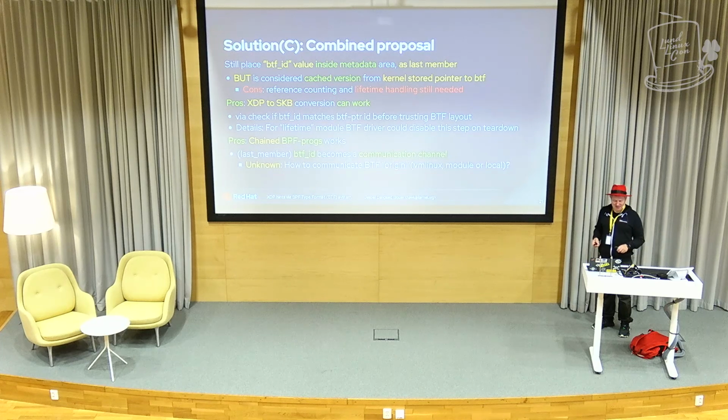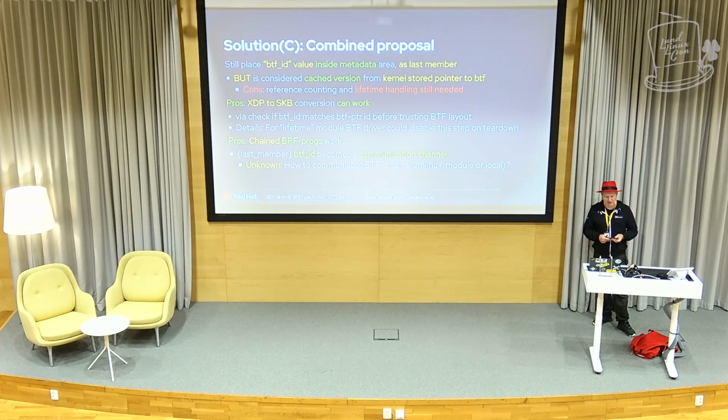Solution 4 is the combined solution. We still place the BTF ID inside the metadata as a last member, but we consider it a cached version of what's on the kernel side. We store a pointer to the BTF. We still have to handle the lifetime inside the kernel, which is not so nice.